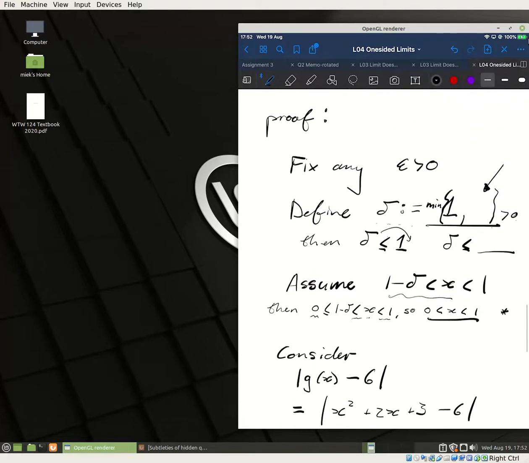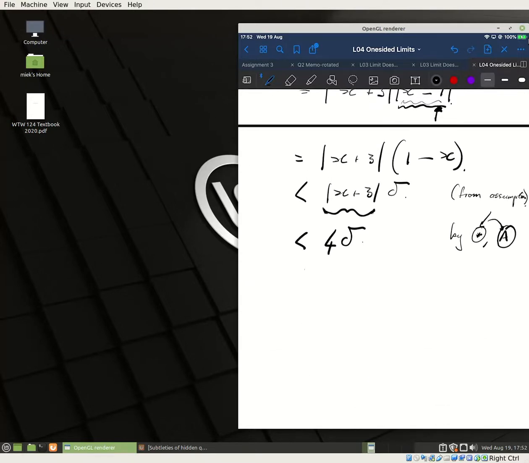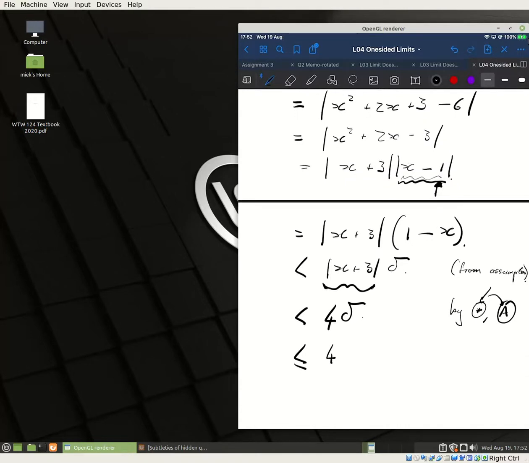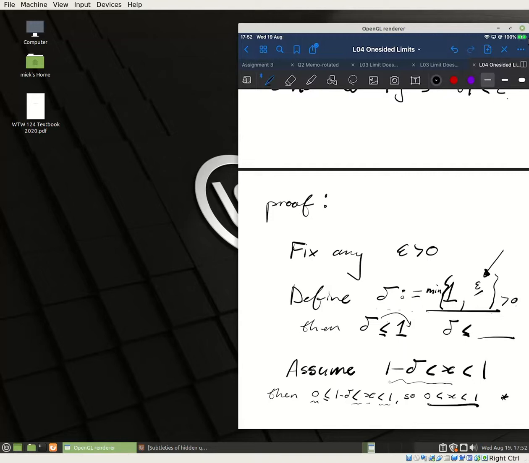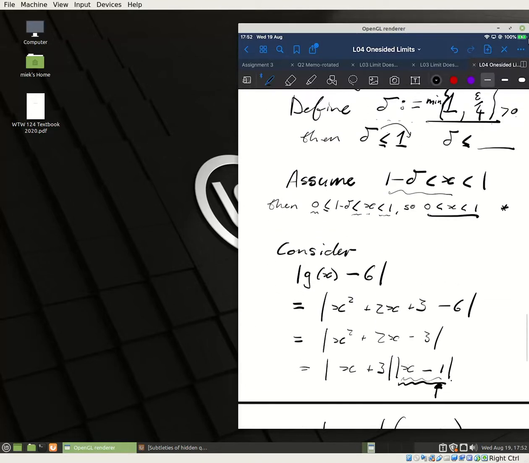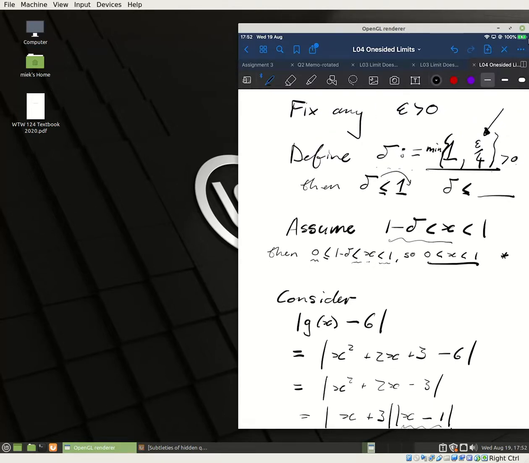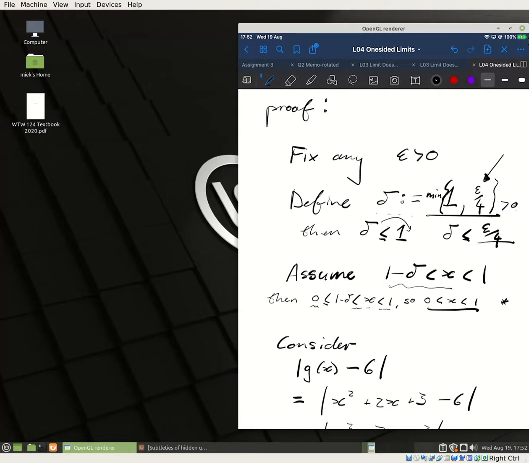And now we see what we have to choose our delta as. We want to choose our delta as epsilon over 4, so we have to bake in an epsilon over 4 in there. Then delta is less than or equal to epsilon over 4, and here we use this double star.